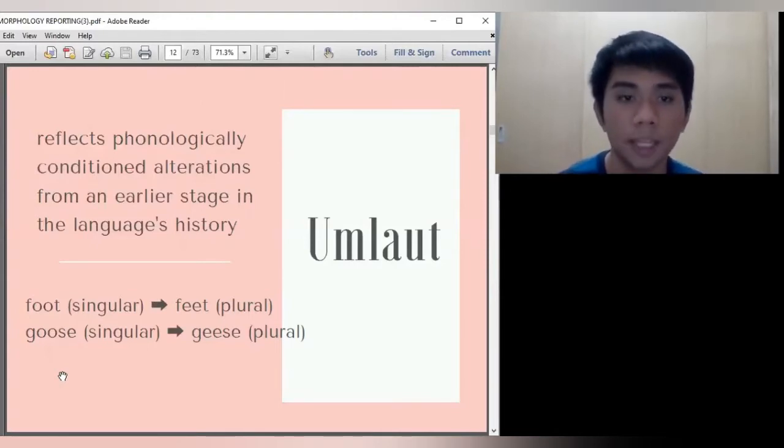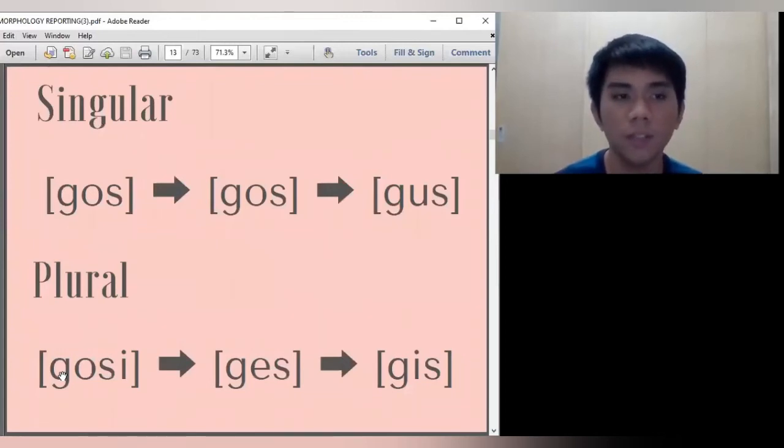So to further explain, the Old English version of the modern English goose is gōs, and for plural, we have, during the time, the plural suffix i. So that's why we have the gōsi. And then subsequent development included the loss of this plural suffix and the unrounding of the rounded vowels.